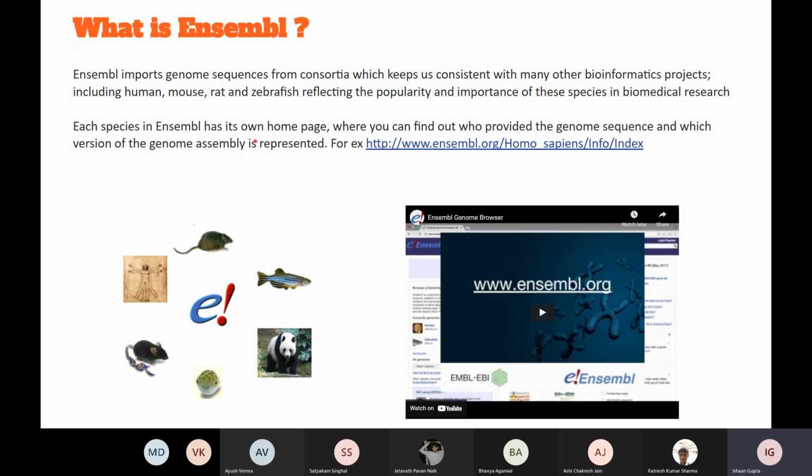Each species here is going to have its own Ensembl homepage, and you can find out everything about that species, all the way from the genomes to the final proteins, and everything in between that you would wish to know.